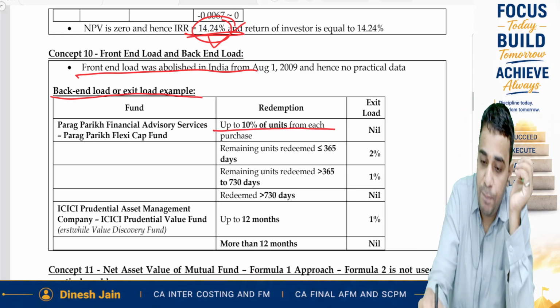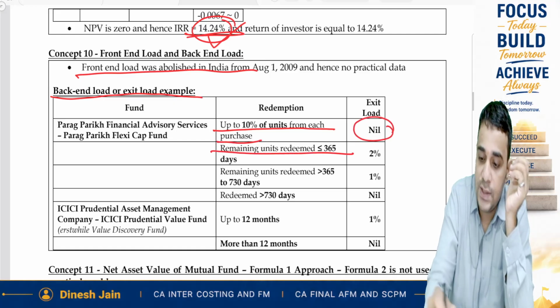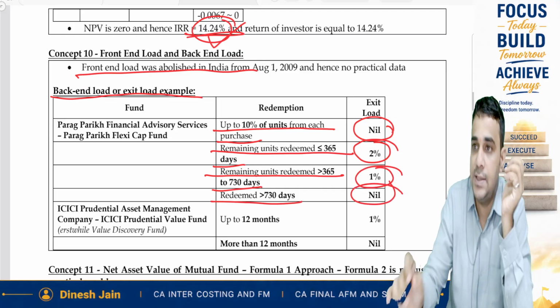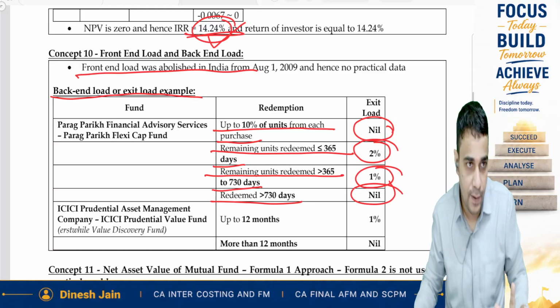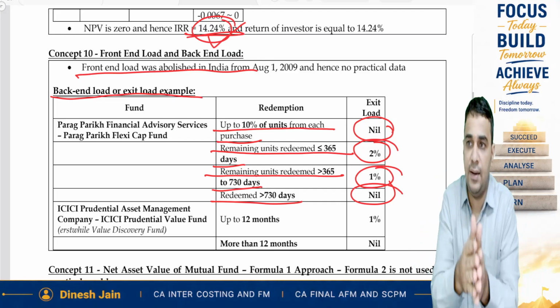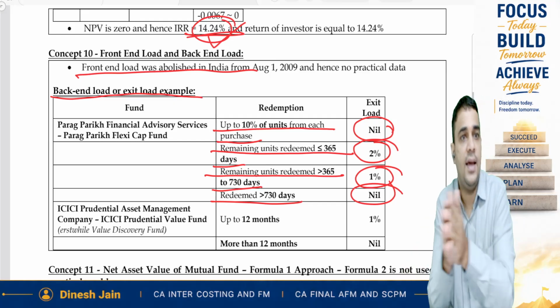Up to 10% of units nil, remaining units redeemed 2%, remaining units redeemed 1%, redeemed after 730 days nil. When I enter into an open ended mutual fund, the AMC doesn't want you to enter, exit in the next 5 days, again enter, again exit.